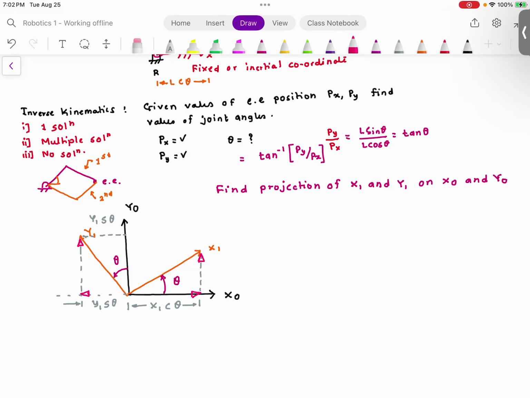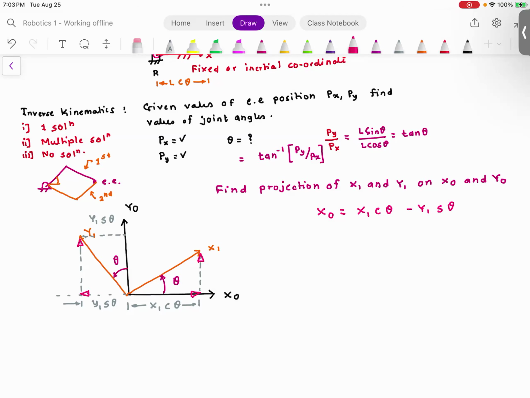So if I want to write down the projection equation, I will write x0 is equal to x1 cosine theta minus y1 sine theta. Do you agree with me? Why is it? Because x1 cosine theta is in the same direction as x0, so it's positive. y1 sine theta is in the opposite direction of x0, so this is minus.